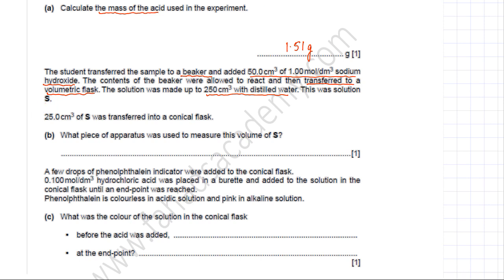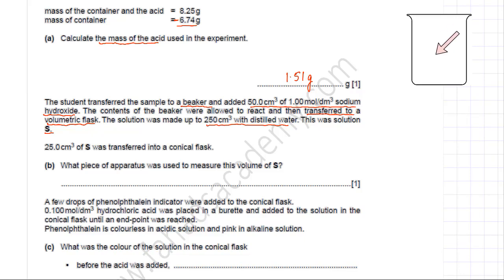This was called solution S. So we're going to make a rough sketch of this paragraph to note down all the steps that are being taken. Here is a beaker.